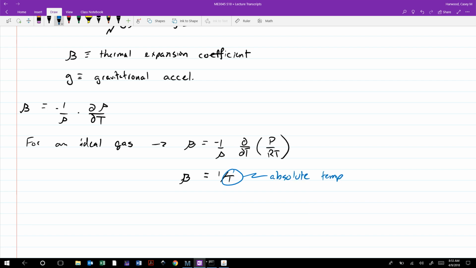So don't use Celsius here. This has to be populated with Kelvin. Okay.